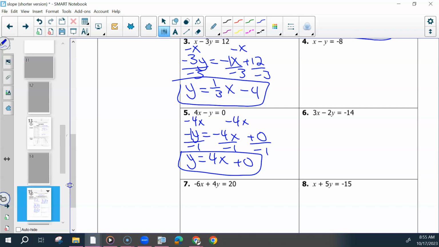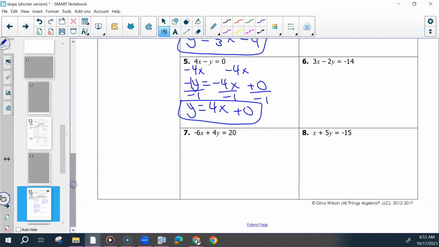Number 7. What would be our first step in that one? What would we do first? Get rid of that extra. Yes. So this is the only case where it's been different because this is a negative, so instead of subtracting, we have to add. But everything else will be the same.